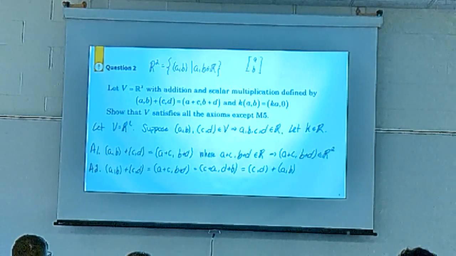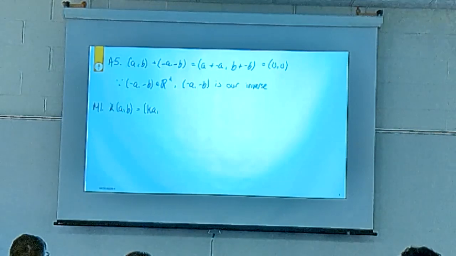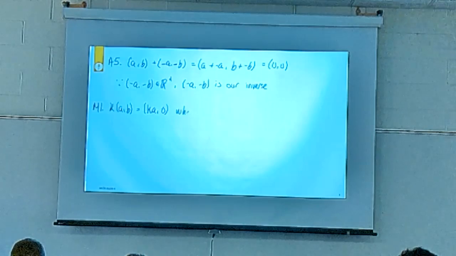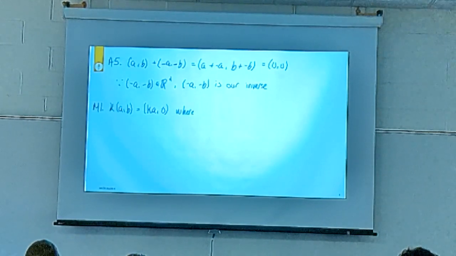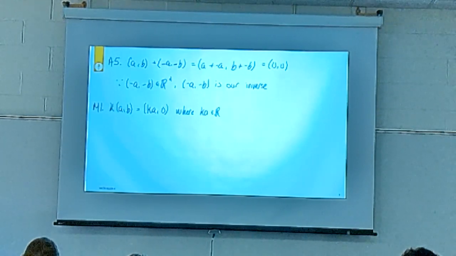That's the definition of multiplication here. Well, K is a real number, A is a real number. So what's KA? A real number. And clearly 0 is a real number. So that means that (KA, 0) is in R2.